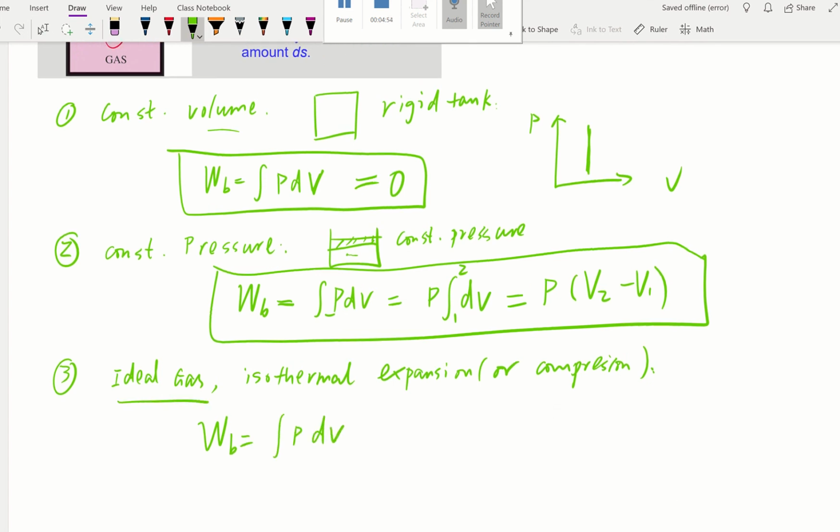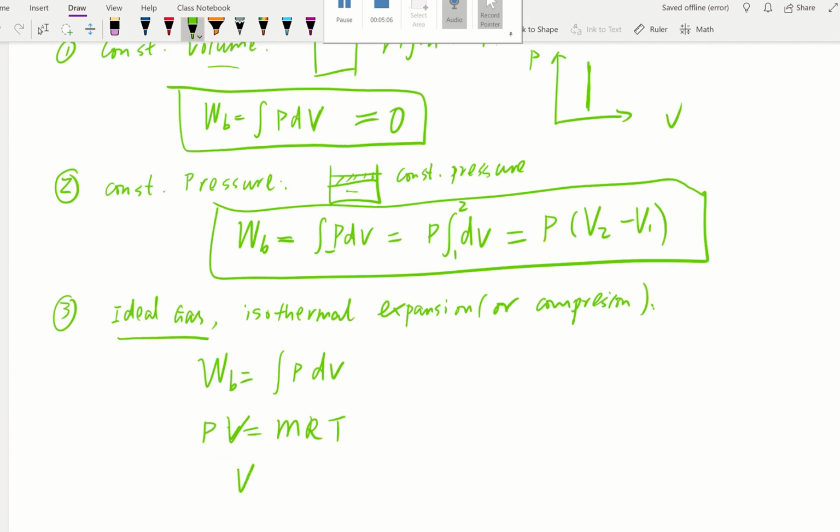Since this is ideal gas, we can use the ideal gas equation, PV equals mRT, where V is the big volume. So pressure equals mRT over V. We substitute that P into the integral, giving mRT over V dV.